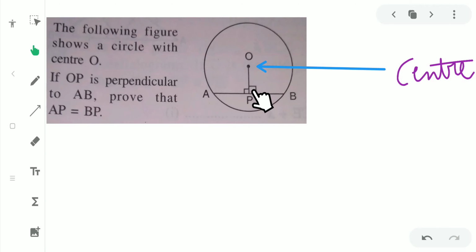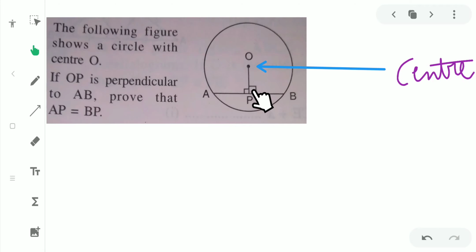So now let us prove the congruency. So first we are having this line common on each side. So OP will be equal to OP because that is the common side.